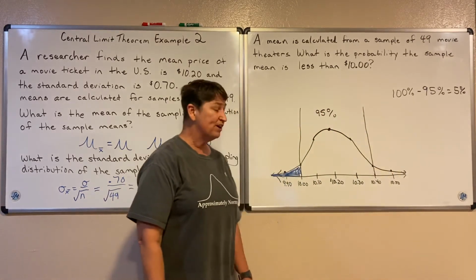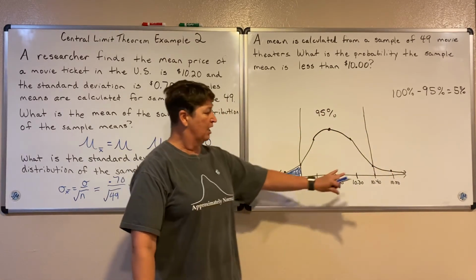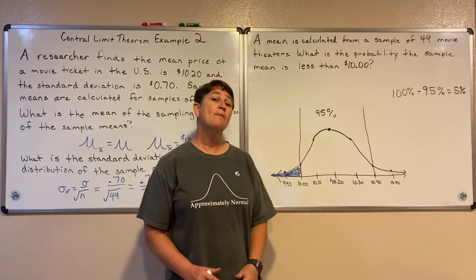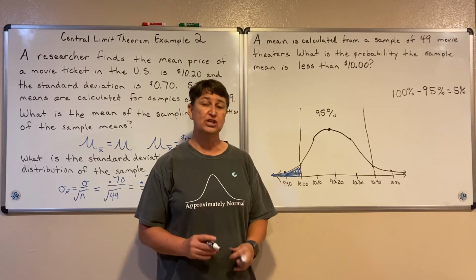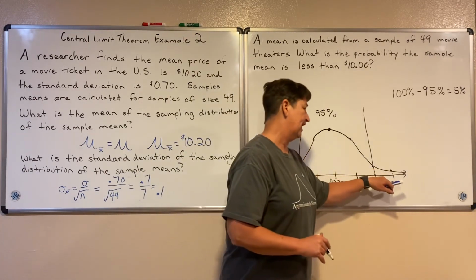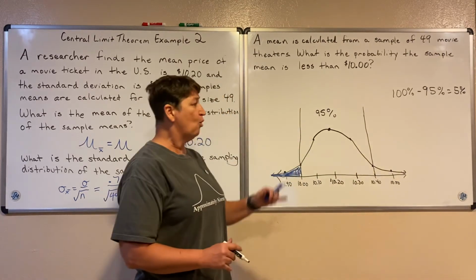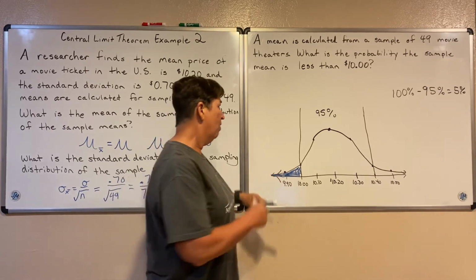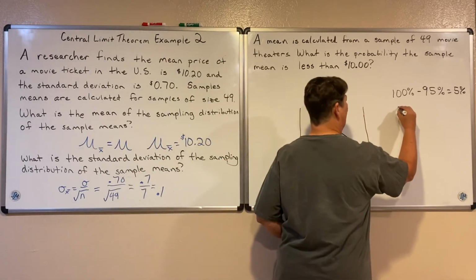But notice I don't need both ends. I'm not looking at this end, I'm just looking at that end. Because a normal distribution is symmetric, that means this side is the same as that side. So I'm going to split that 5% in half to find the percent there on that end.